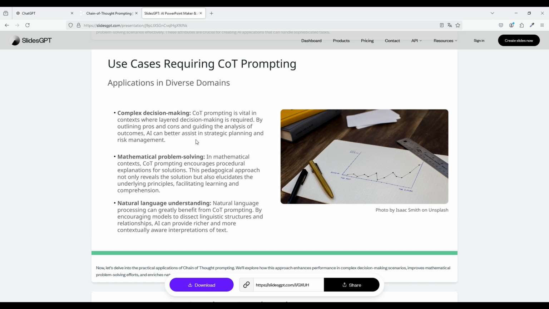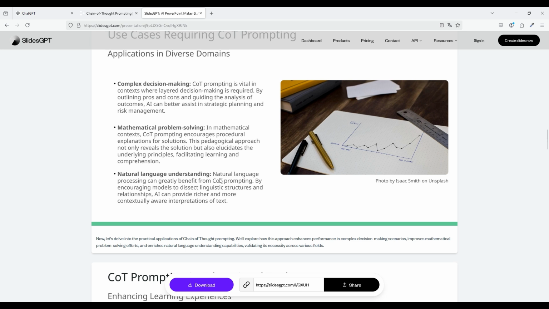And then, of course, you have mathematical problem solving. If you have something to guess, which is a mathematical problem, it's usually helpful to decompose the problem into some smaller steps.